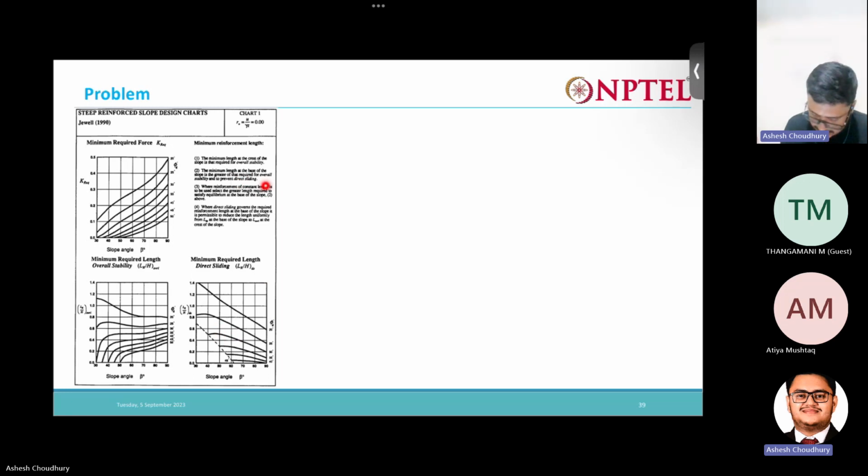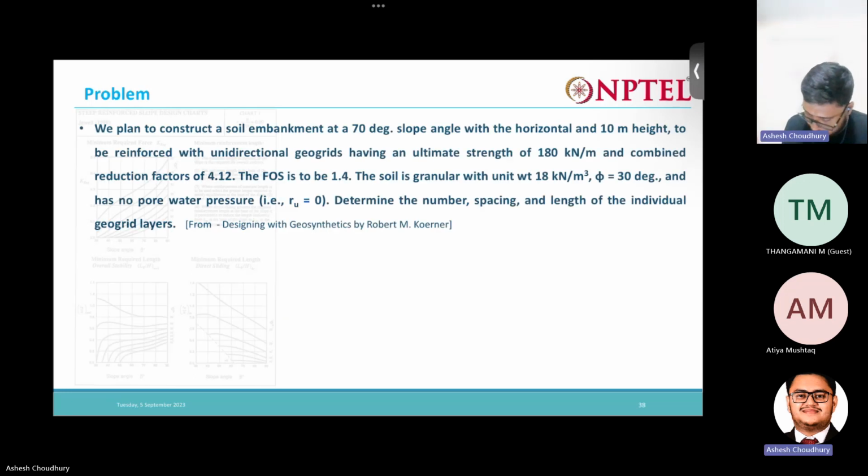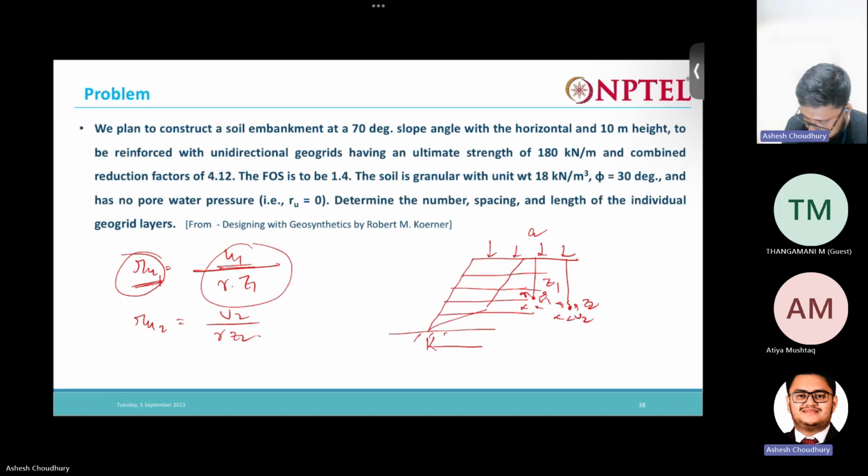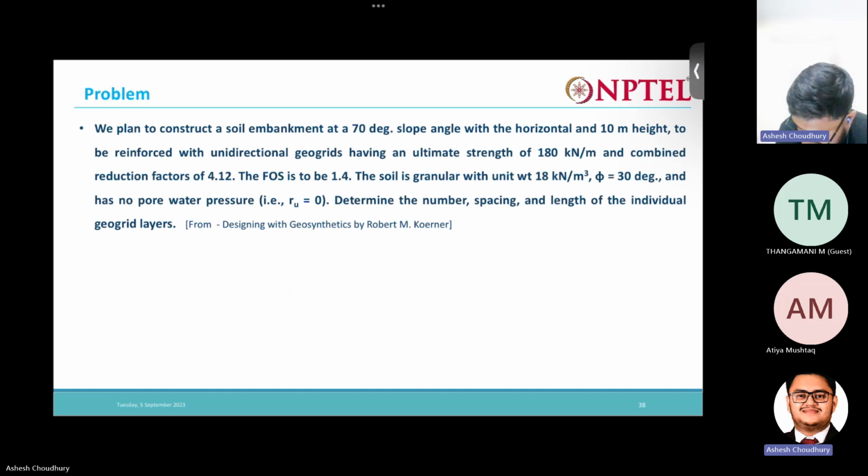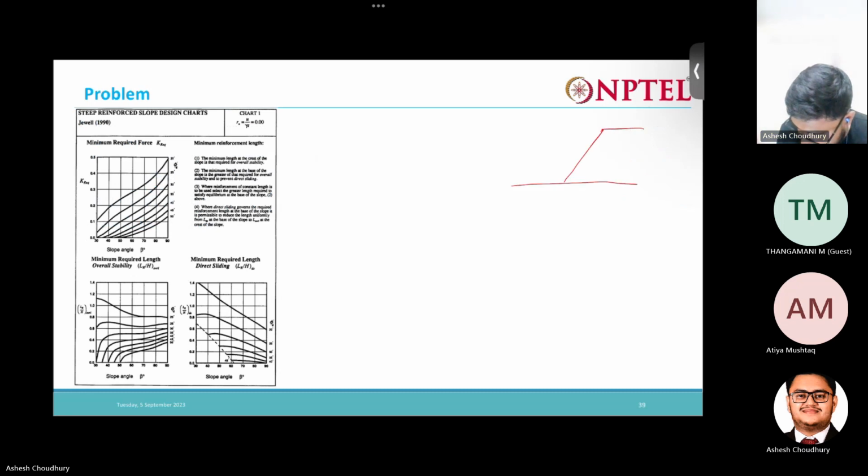Let me show you here. This minimum length LR represents the minimum reinforced length at the base. The slope is there, and we are reinforcing the slope like this.